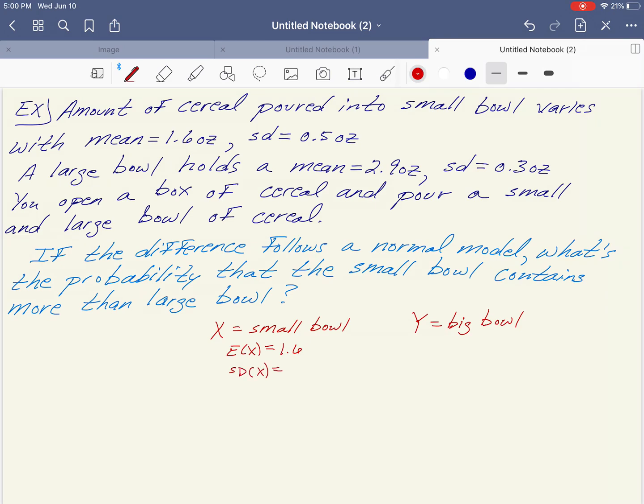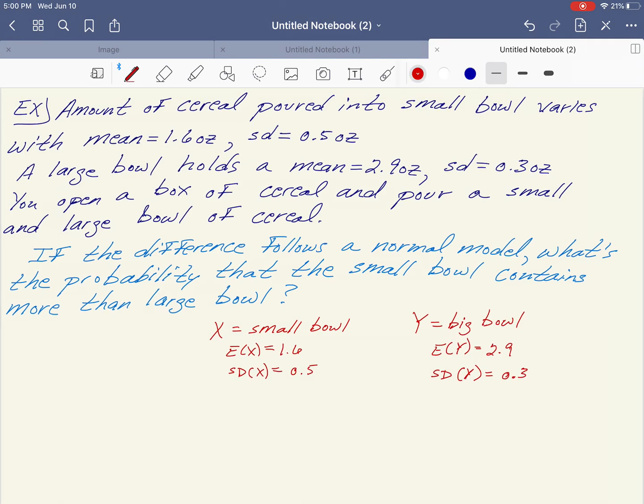We know that the standard deviation for the small bowl is 0.5. For the big bowl, the average, or E of y, is equal to 2.9. And the standard deviation of y is equal to 0.3 of an ounce.